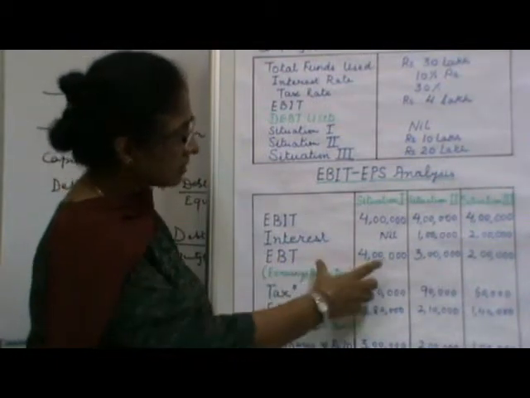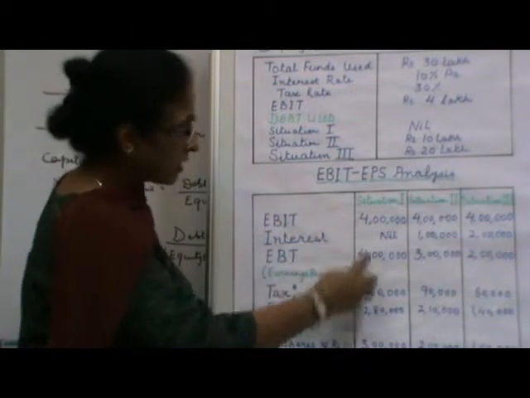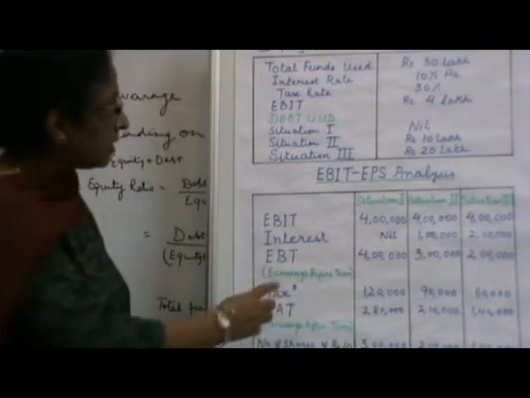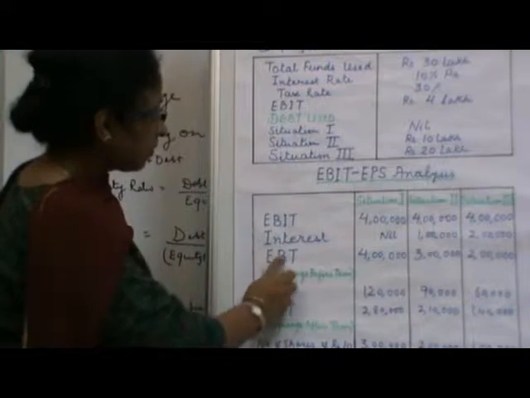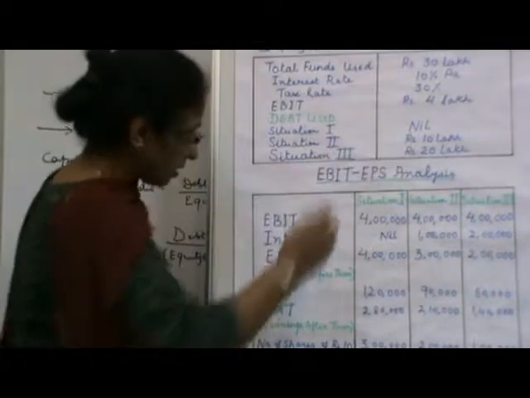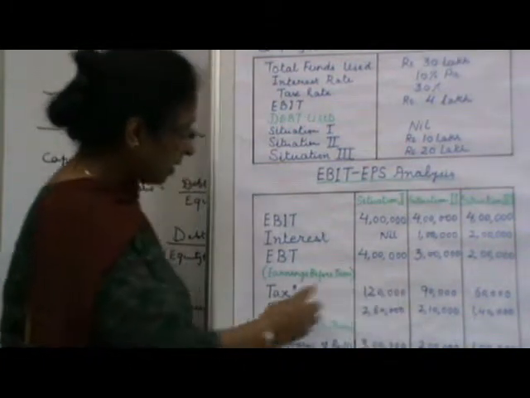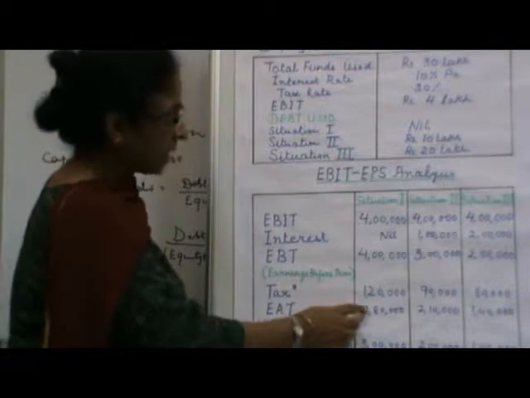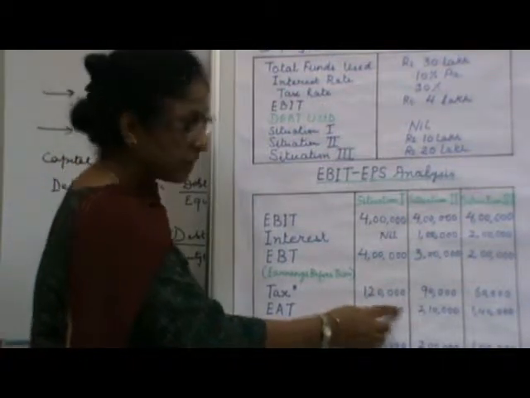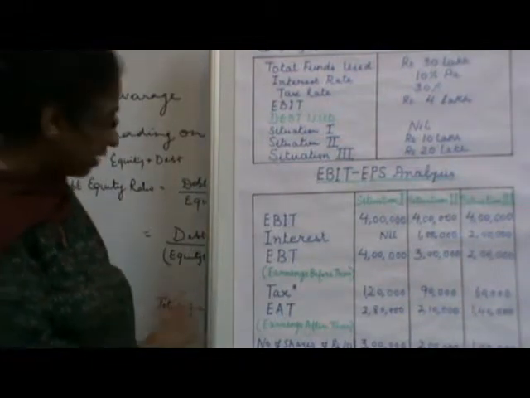Earning before taxes will remain the same as earning before interest and taxes, that is 4 lakhs. This is taxed at the rate of 30%, so the total tax will be 1,20,000. The earning after taxes will remain 2,80,000 in this case, when the total funds employed in the business are by way of equity.